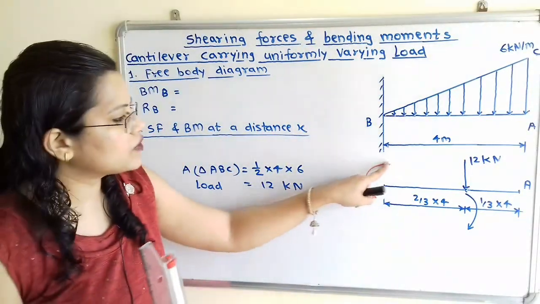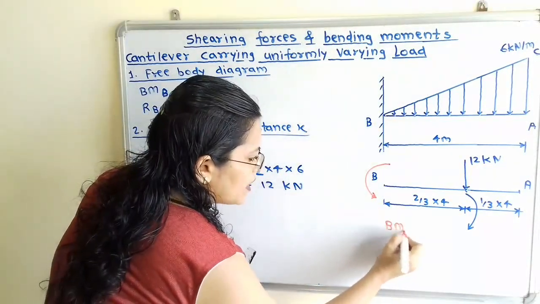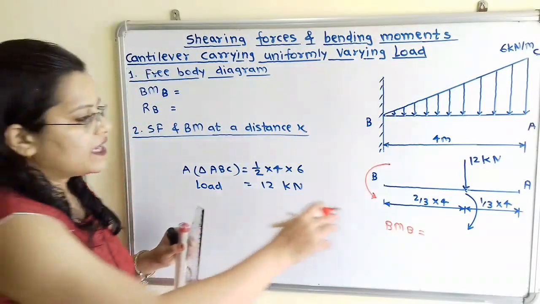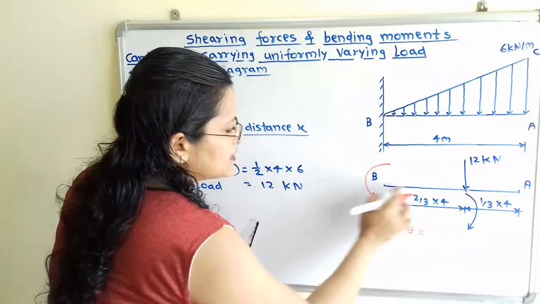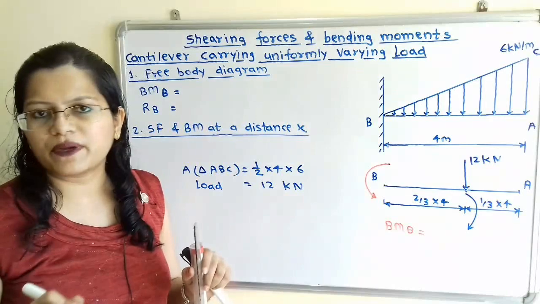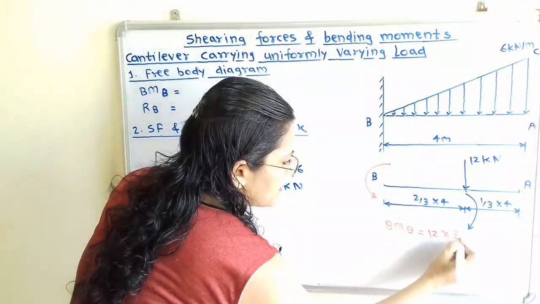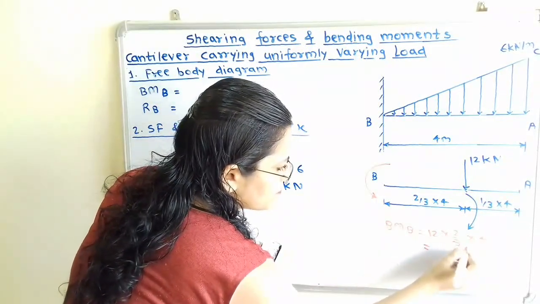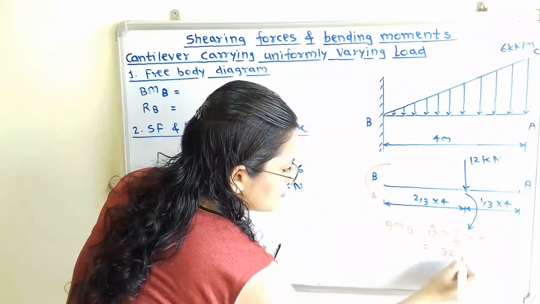And how to calculate this moment about B? The bending moment about point B is equal to this load multiplied by this distance. This distance is 2 by 3 multiplied by 4. So I will calculate here 12 multiplied by 2 by 3 multiplied by 4, which is 32.